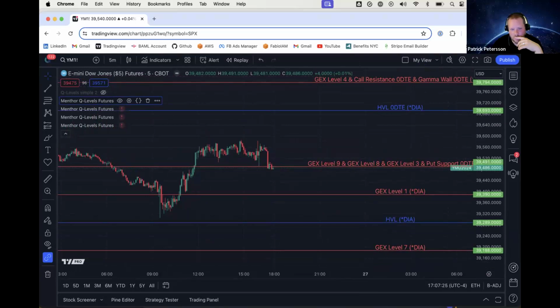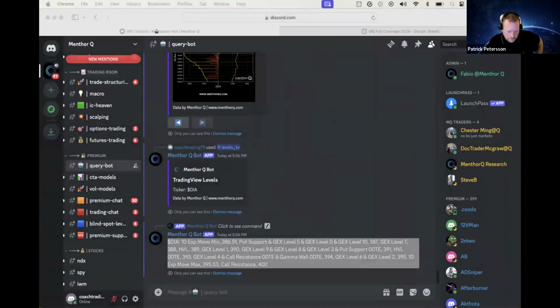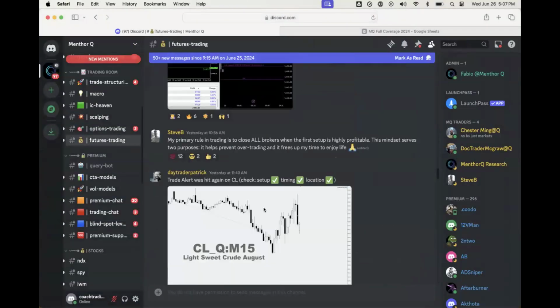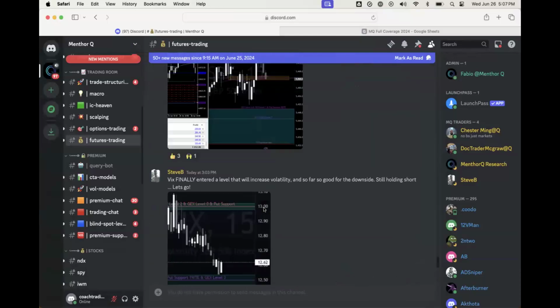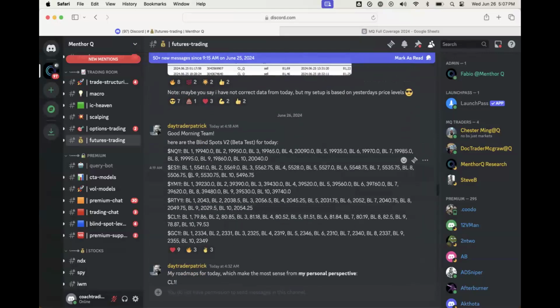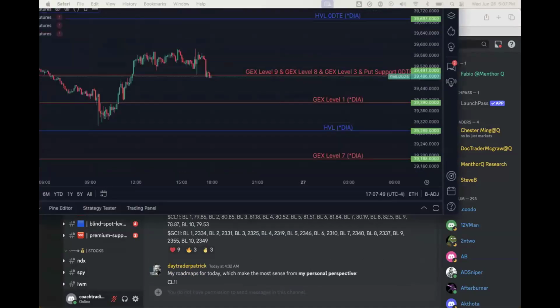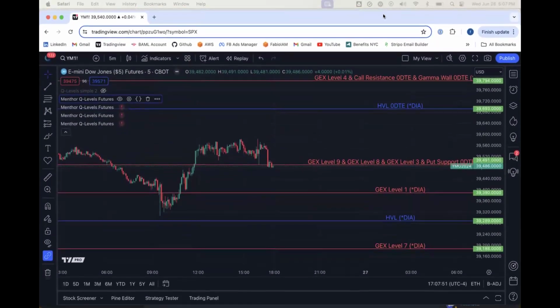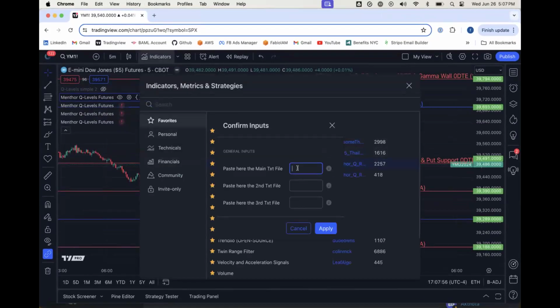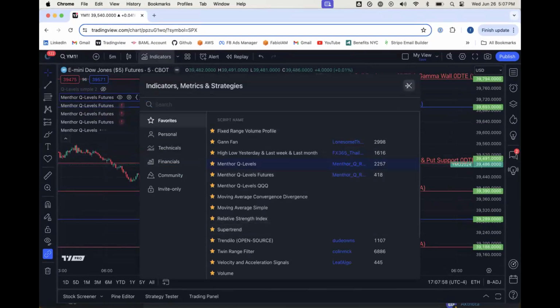Yeah, and also you can go to the futures trading room channel. We have also the blind spot for this one. So again, this will be available through the bot, but as of now, Patrick posts this here, so we can take this, which is a blind spot, and then we go back on our indicators, and I can actually add my Q levels here.